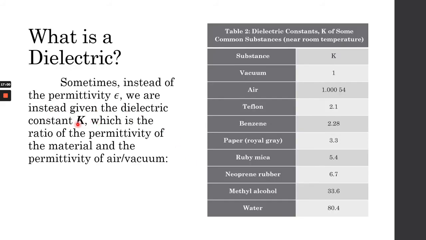So this is a dielectric constant, and we usually solve for the dielectric constant using the permittivity. In order for us to solve for the dielectric constant of a material, we divide the permittivity of that material by epsilon naught, or the permittivity of free space.